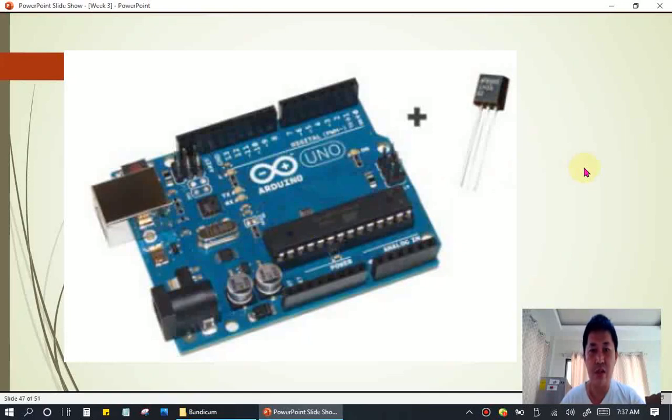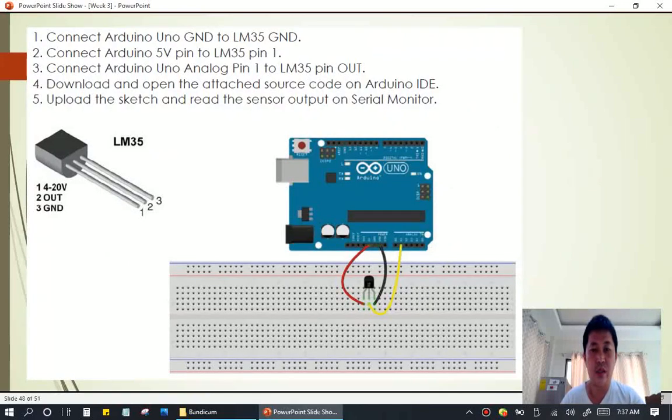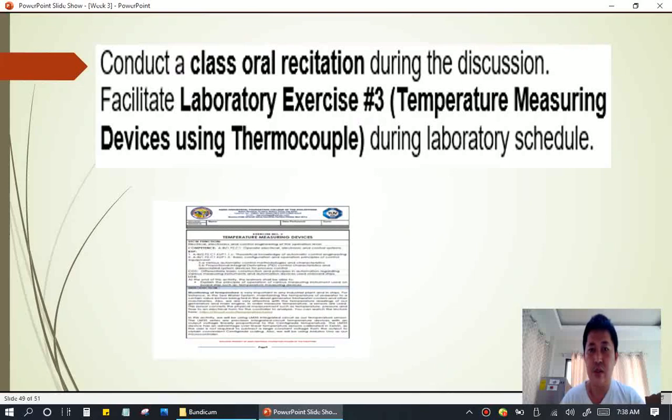After your activity, you have to submit it to me through Binakle. Since this is a recorded discussion, we should conduct an oral recitation during the discussion, but this is recorded, so I will schedule it later. Please also do your exercise 3, which is temperature measuring devices using thermocouple, in your lab manual.